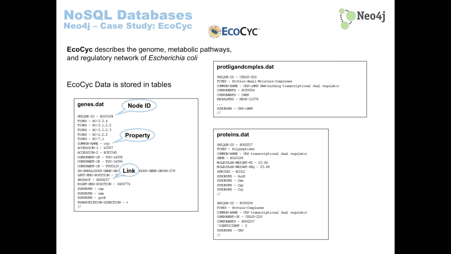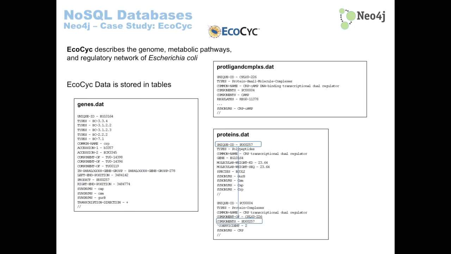We can use this information as a link of type product to another node. And so in the proteins table, we find the definition of this unique identifier.